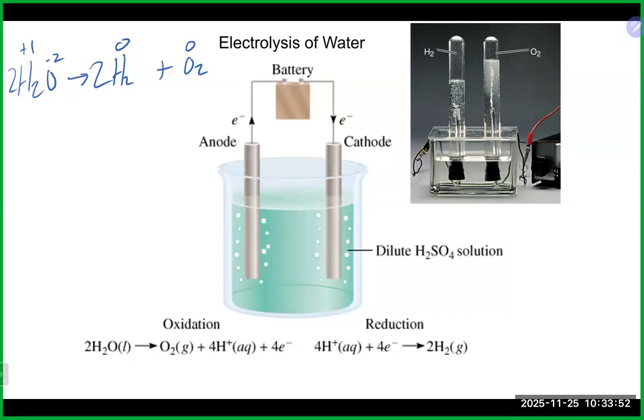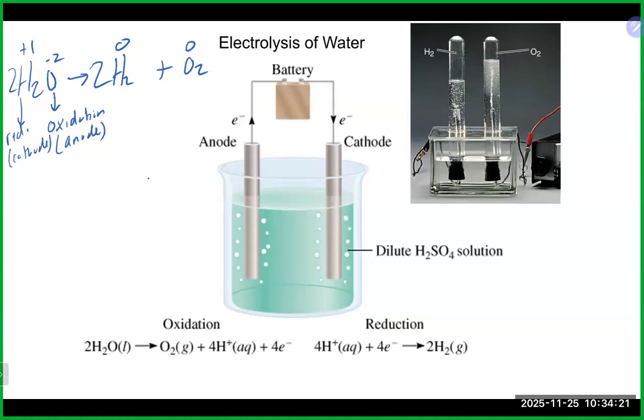In terms of oxidation, the oxygen is going from -2 to 0, so it is getting more positive. This is going through oxidation, and that would be our anode in this case. Hydrogen is going from +1 to 0, which is becoming more negative, and is going through reduction, which would be our cathode.